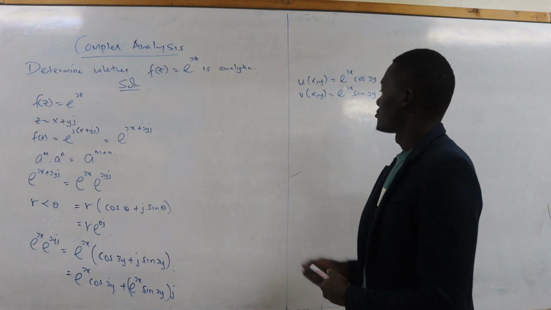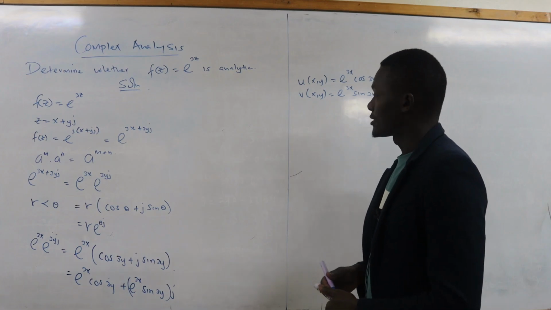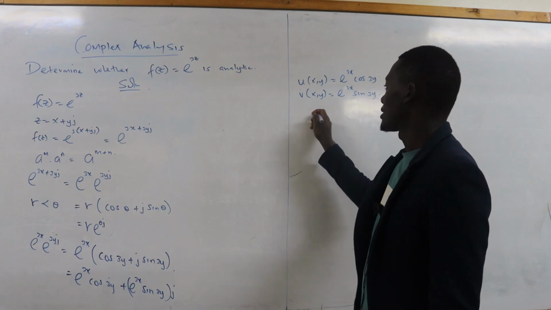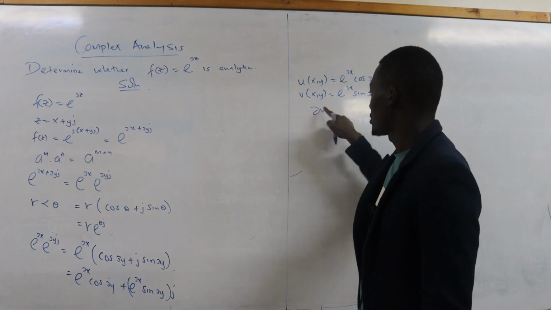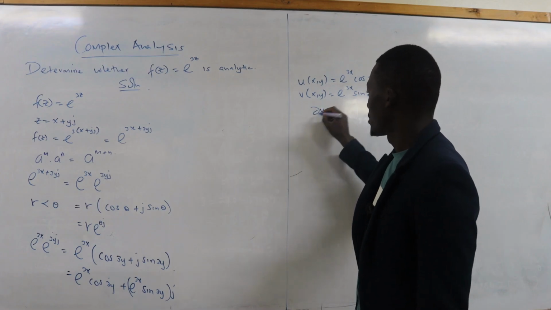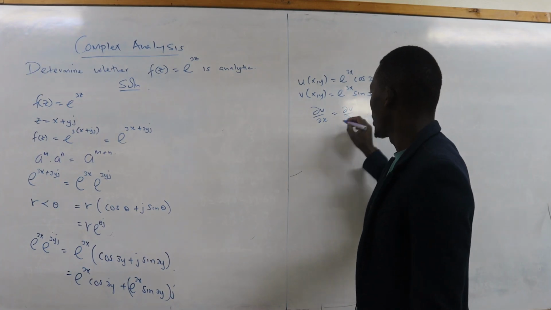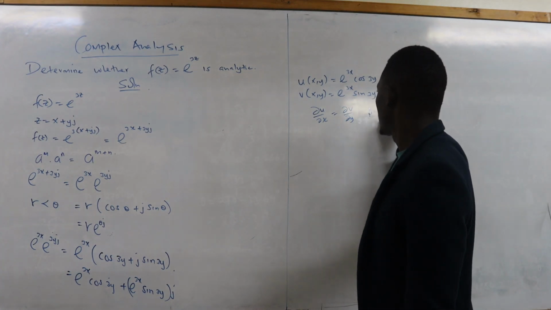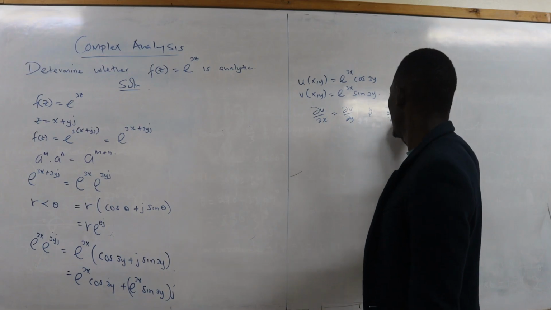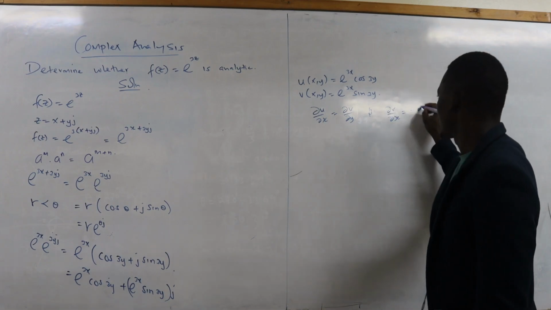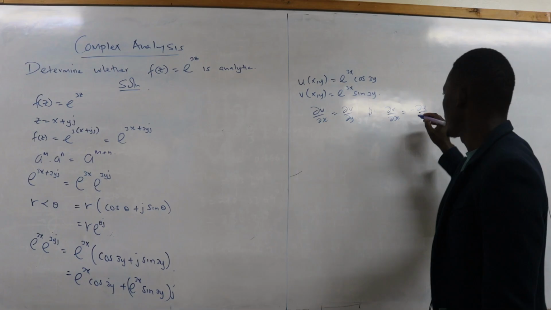Yes. Now, we want to prove that this is analytic. That is simple, because we just have to check two conditions: du dx should be the same as dv dy, and dv dx should be the same as negative du dy.